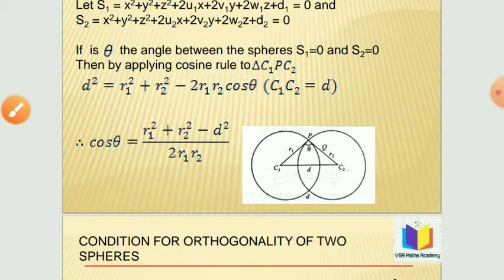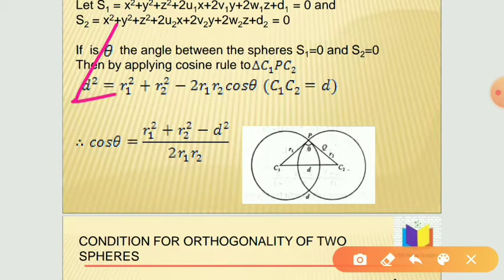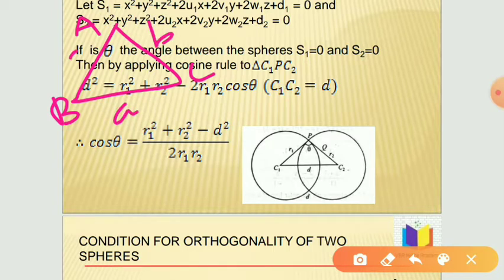So what is the cosine rule? Suppose that ABC is a triangle, and suppose that the side BC is equal to a, AC is equal to b, and AB is equal to c.